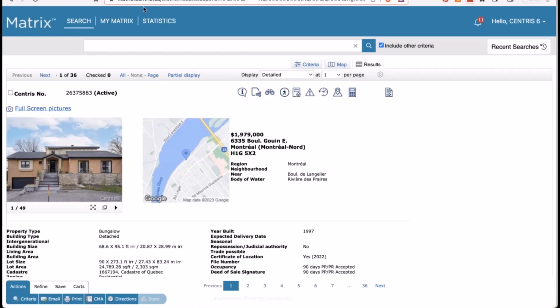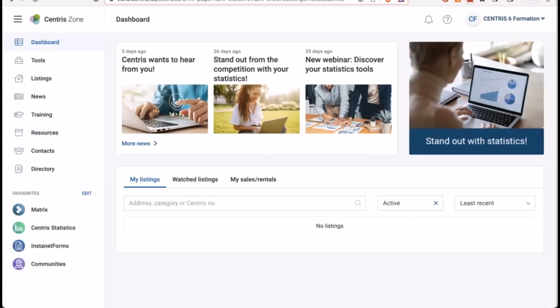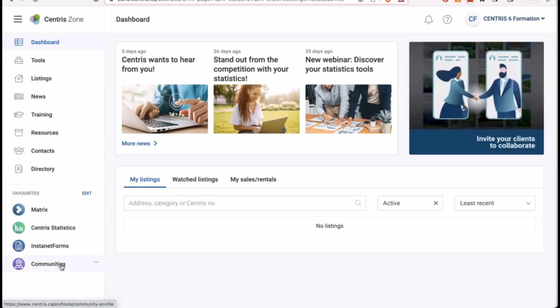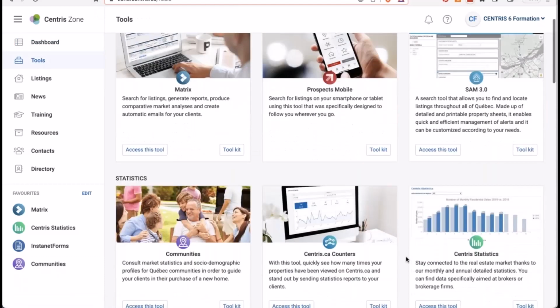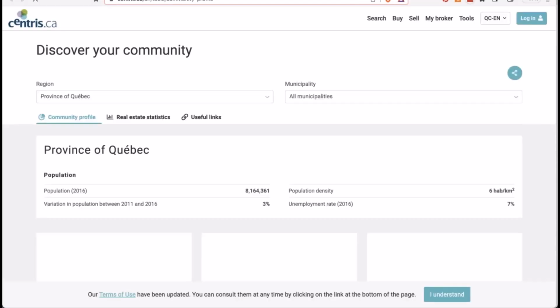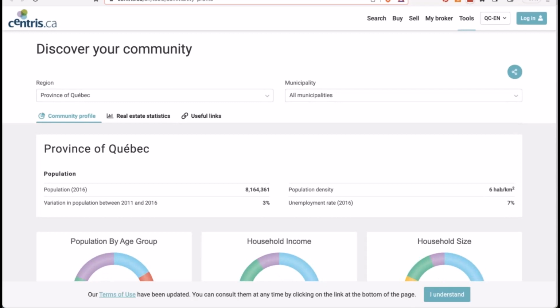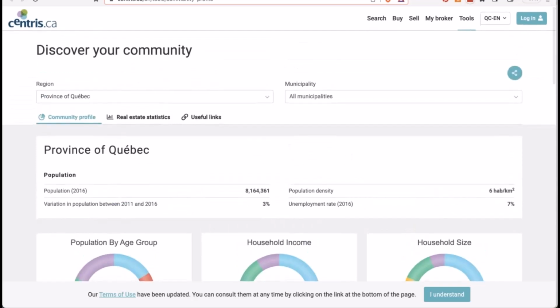So there are two ways to access the tool. From your dashboard, again, you can go into tools. You can have the communities in your favorites. So if you go on to tools, you can scroll down to communities and access the tool. And what will happen here is you'll open up the tool here, and notice I'm not logged in.